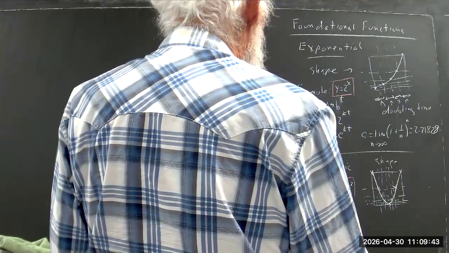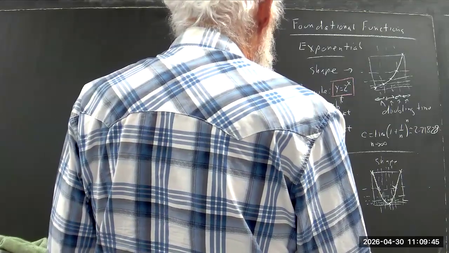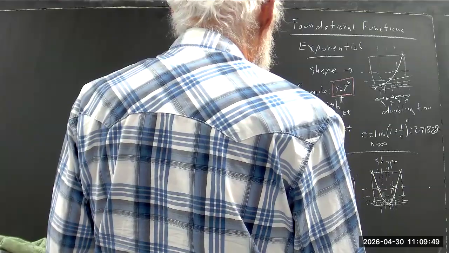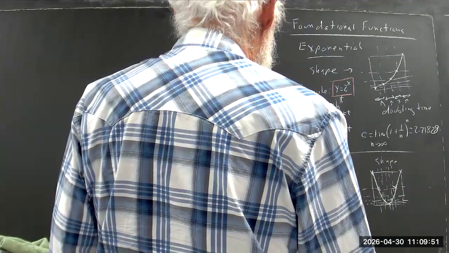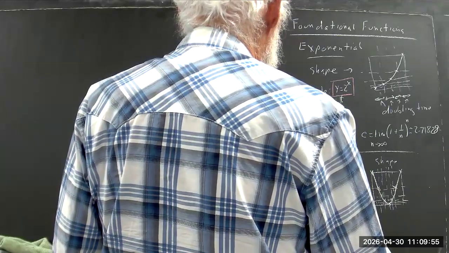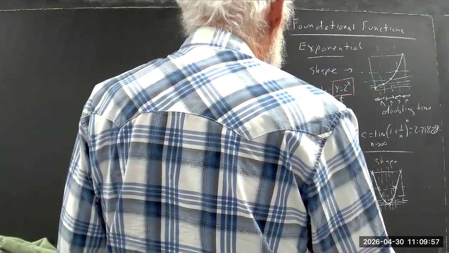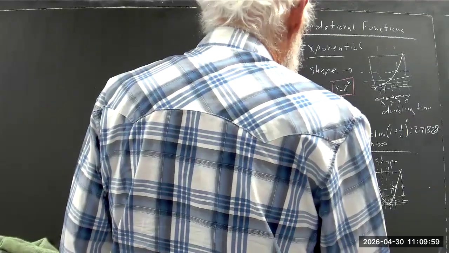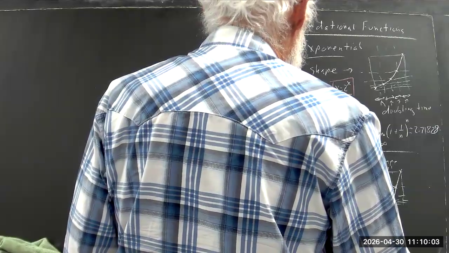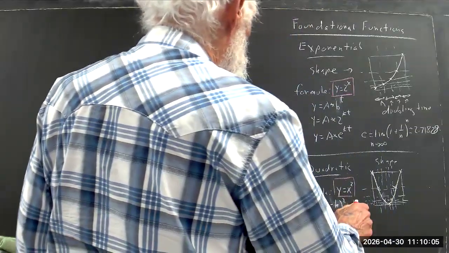More general form, y equals a times the quantity x minus h squared plus k.